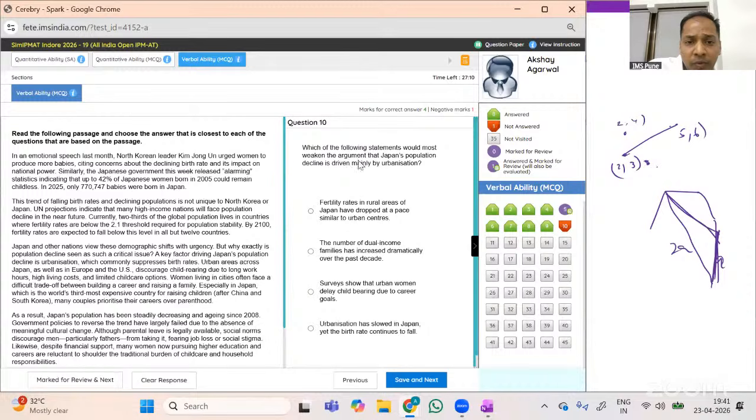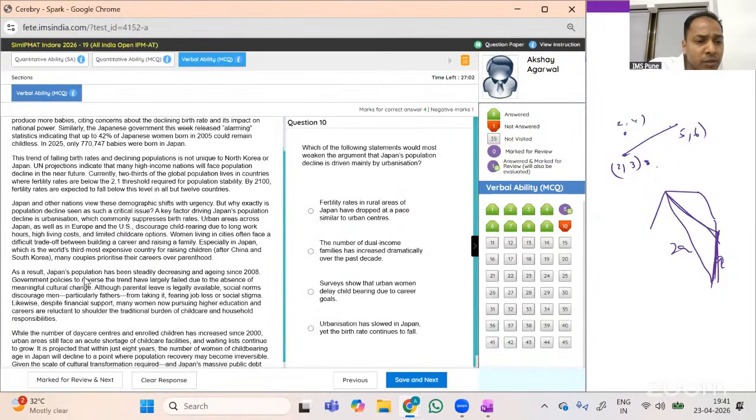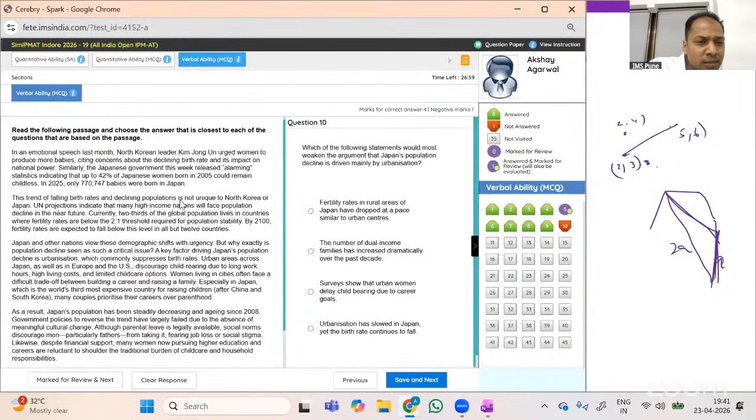Which of the following statements would weaken the argument that Japan's population decline is driven mainly by urbanization? Here, because it was mentioned, urbanization was one of the key reasons. The demographic shift is driven by urbanization, which commonly suppresses birth rates.